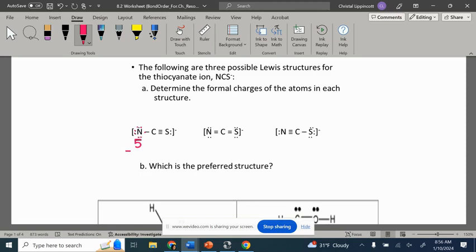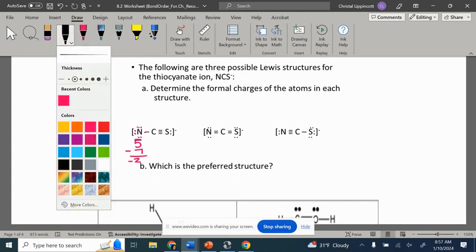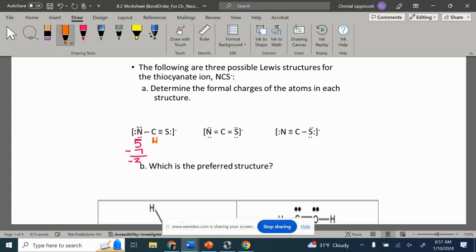Okay, so should is 5 minus has is 7. What is the formal charge on this nitrogen? -2. Okay, now I'm going to do my carbon. How many should carbon have? It should have 4. Okay, how many does it have? 1, 2, 3, 4.